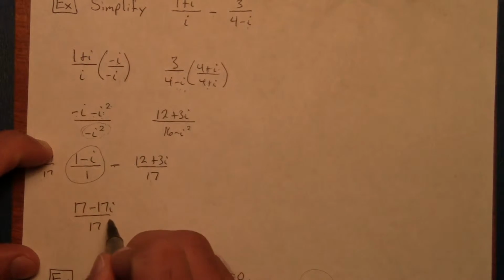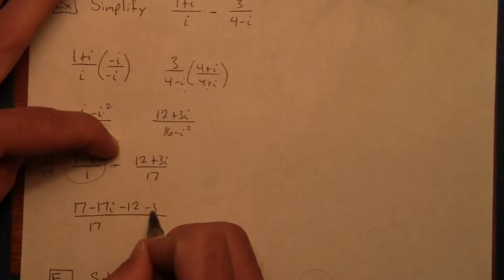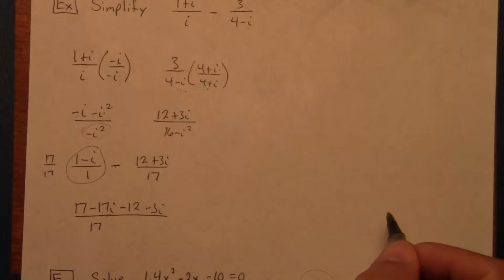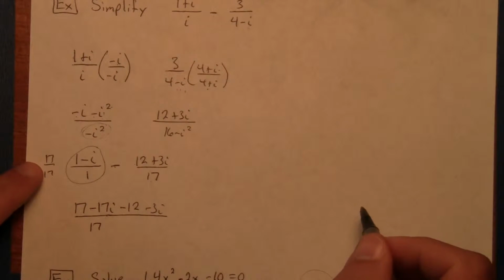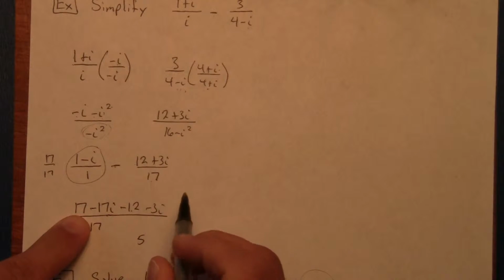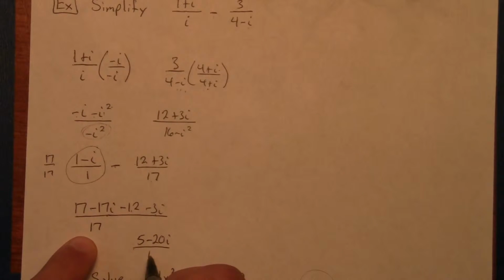I'm just going to distribute the negative, and that's going to give me negative 12 minus 3i. And now that I have a common denominator, I can just write it all as one fraction. And now, of course, just combine like terms together. So it looks like I have a total of 5 if I look at the whole number part, or the constants. And it looks like I have minus 20i, and I'm dividing by 17. And there would be my answer.